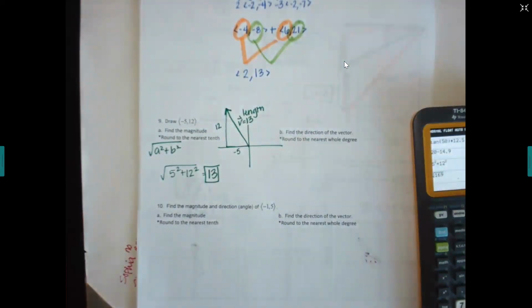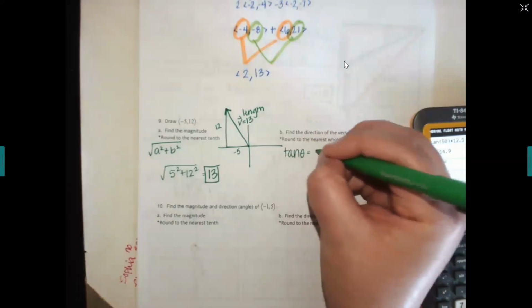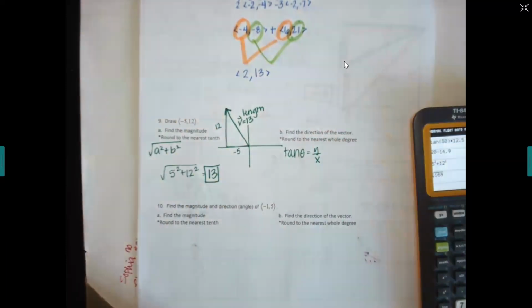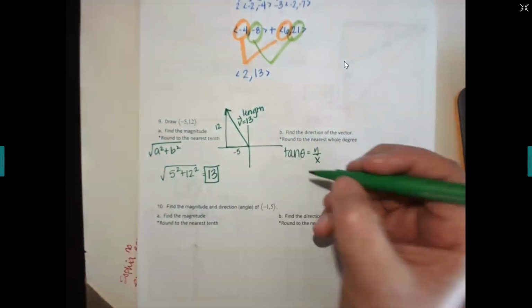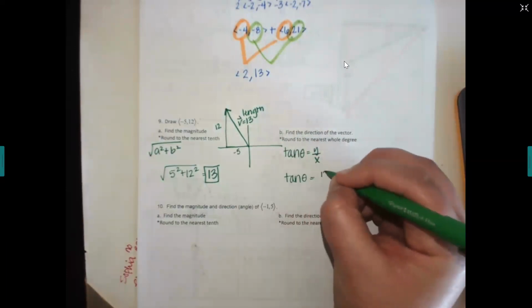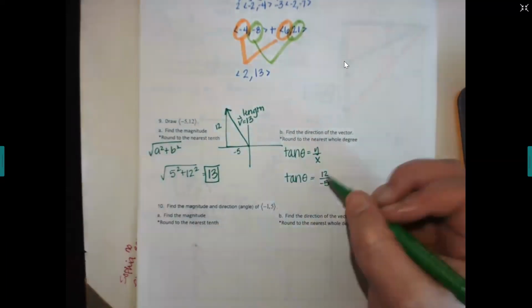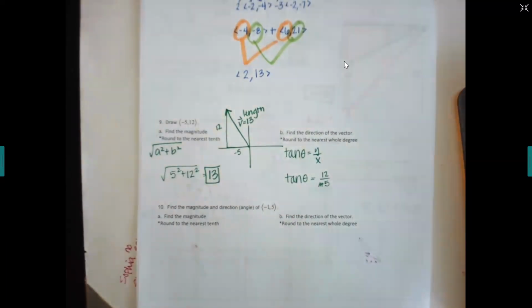All right, then go to part B. It says to find the direction of the vector. Remember, direction is tan theta equals y over x. In this case, my y is a 12, my x is a -5. So I would do tan theta equals 12 over -5. And then remember, actually, you don't really need the negative for the tans.